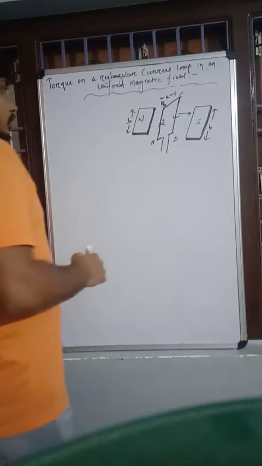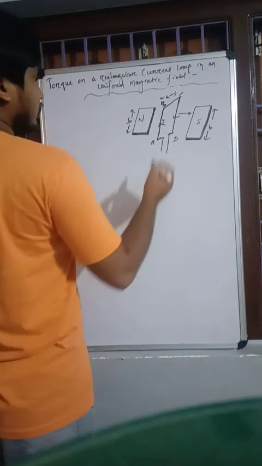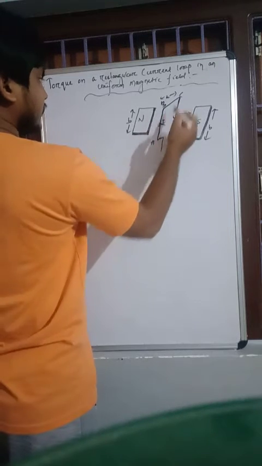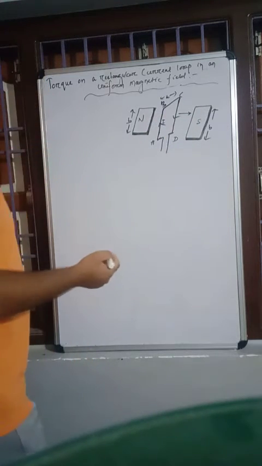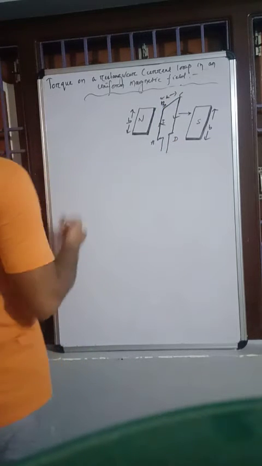Now, in the same process, you can see that the force acting on BC and AD will be 0, and the forces acting on AB and CD will be equal.